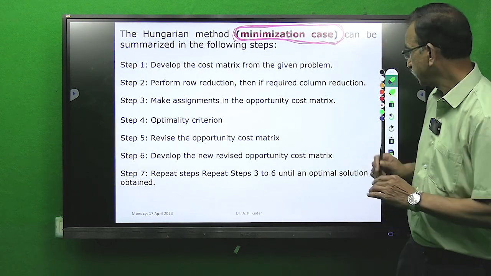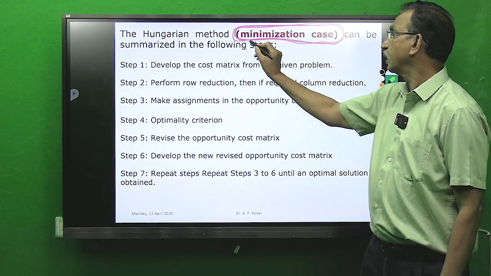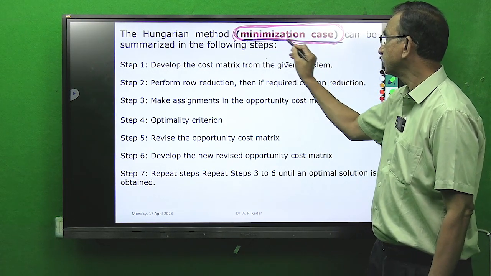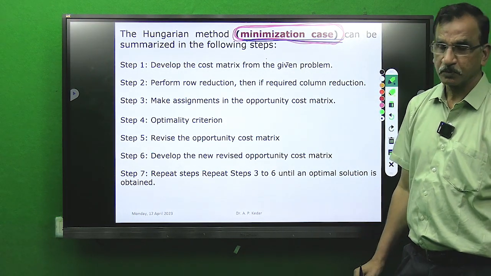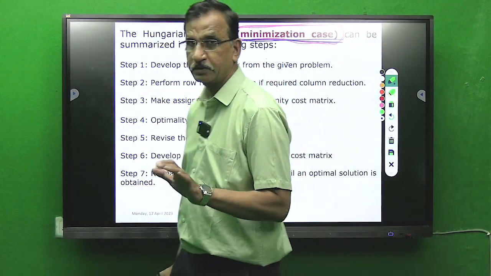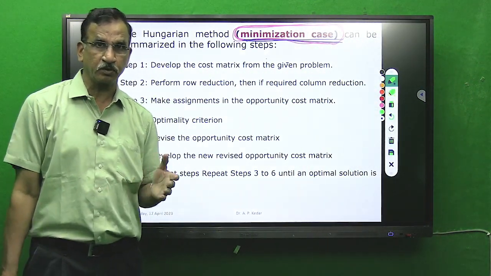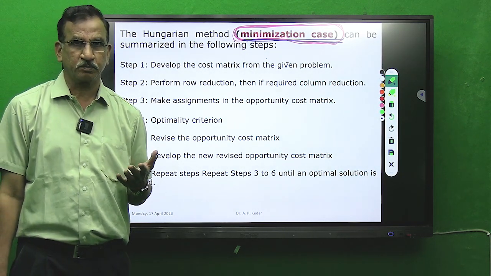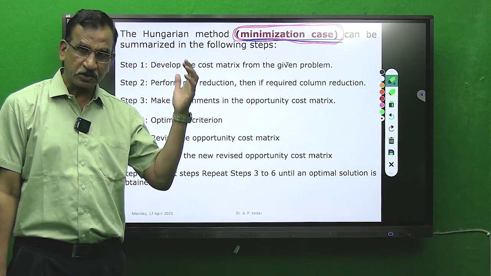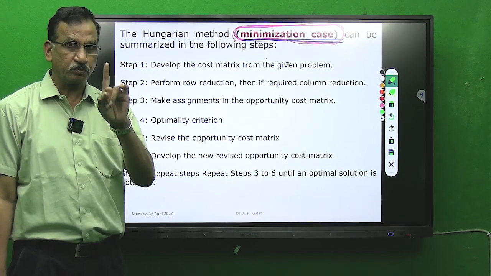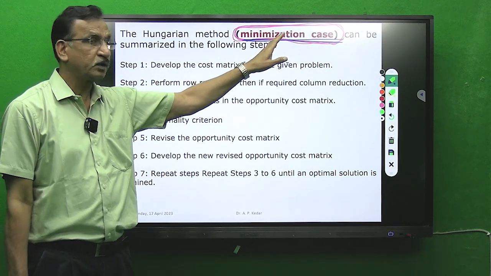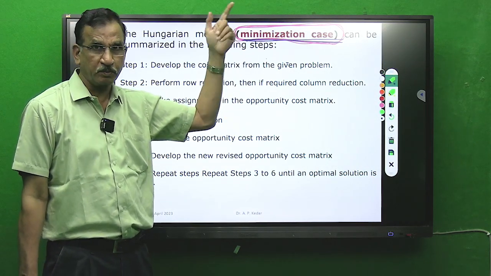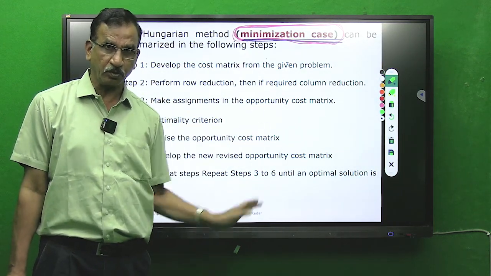So again, our steps are for the minimization type. Remember, it doesn't mean we cannot solve a maximization problem. Yes, we can solve a maximization assignment problem by the same method, but in the very first step we'll convert the given maximization type problem into the minimization category, and then we'll attempt all these steps.